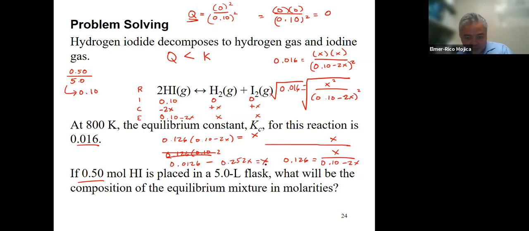Then I put all x on one side, so this will become 1.252x equals 0.0126, and then divide both sides by 1.252. So x is around 0.01.